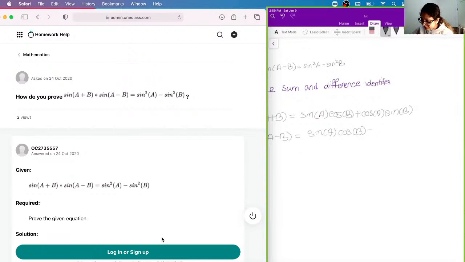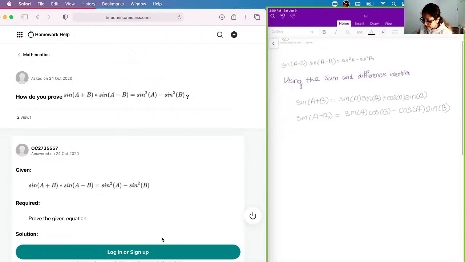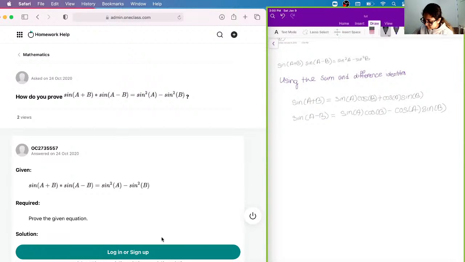So this would be minus cos of a multiplied by sine of b. Okay? So these are your two formulas. And so what we're gonna do is substitute our sum and difference identities into the equation.